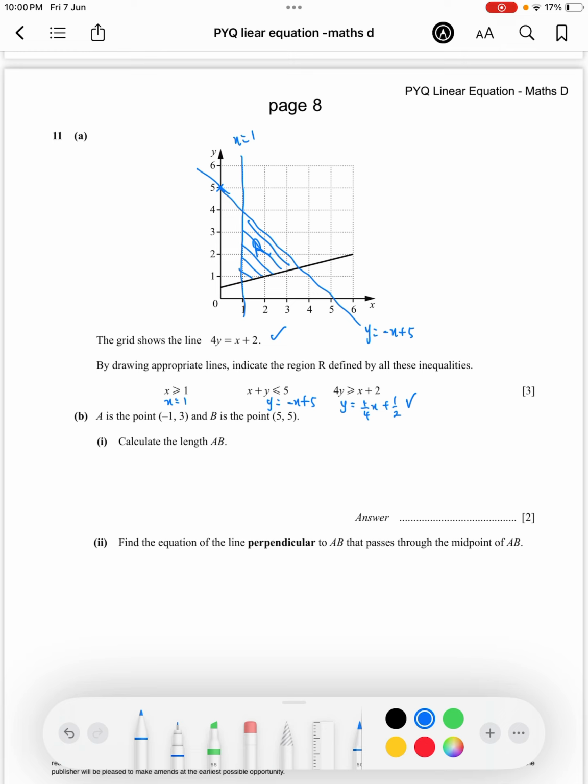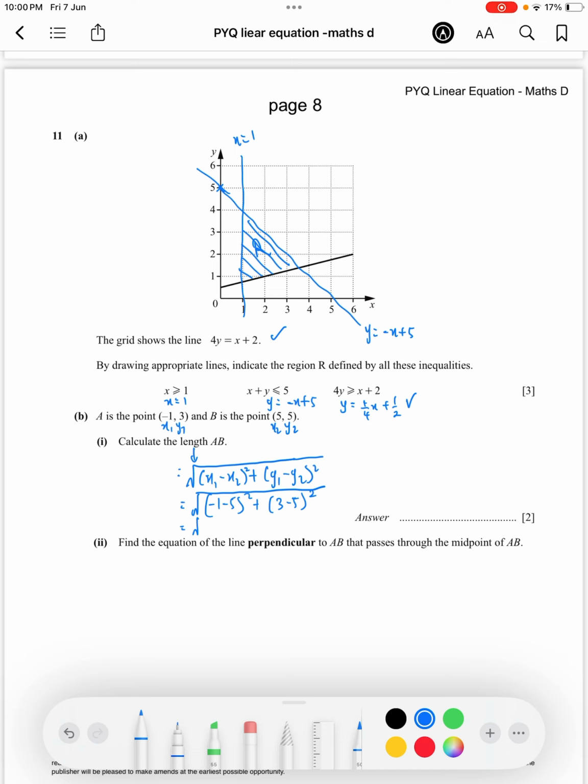Alright, so calculate the length AB. Length is the square root of (x1 minus x2) squared plus (y1 minus y2) squared. Substitute the numbers in. So it's crucial again that you label this one. So (minus 1 minus 5) squared plus (3 minus 5) squared.